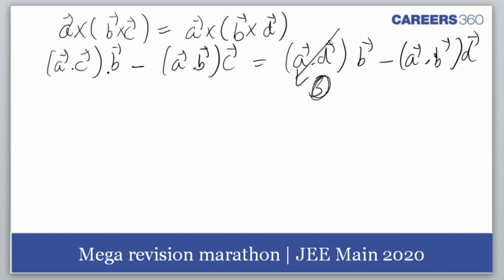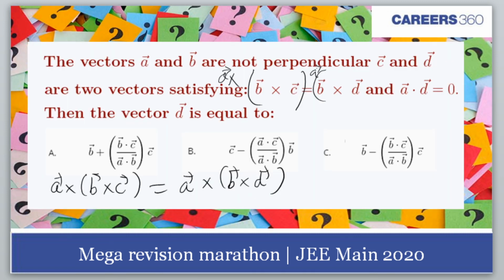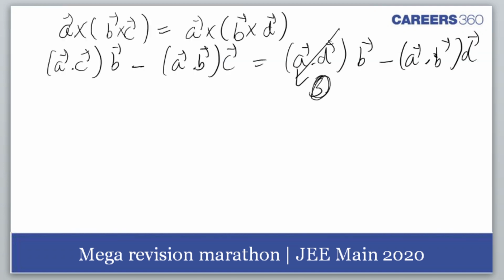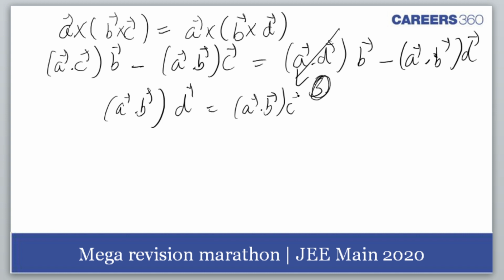So this is A dot B C, A dot C B, and A dot B D. What did I want to find? The vector D is equal to. So I'll find it like this. I'll take this on the left hand side, so I get A dot B D. I take these things on the other side, so A dot B C minus A dot C B. Now this is a scalar, I can divide it.